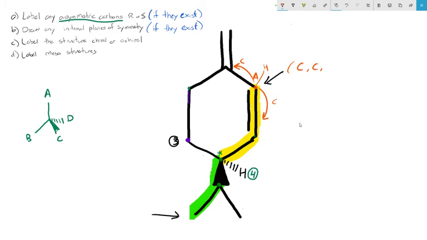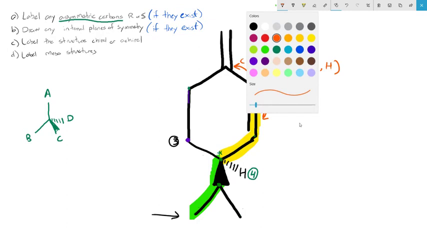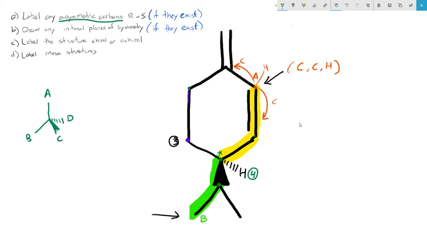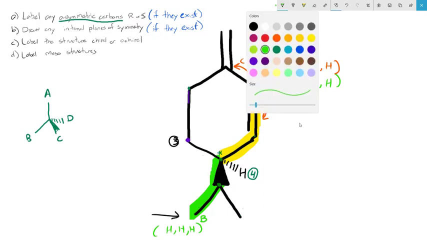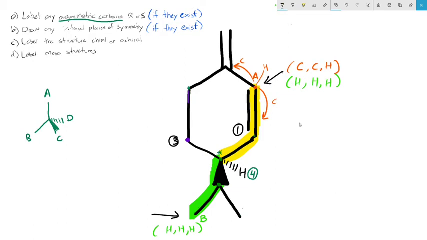So there's still C, C, H. Then if we go downwards to B, this just has 3 hydrogens. So if we compare CCH to HHH, now that we have our triplets, we can compare them. We immediately notice that carbon is heavier than hydrogen. So the yellow route gets our first priority because it is the heaviest, and the green route gets our second priority.